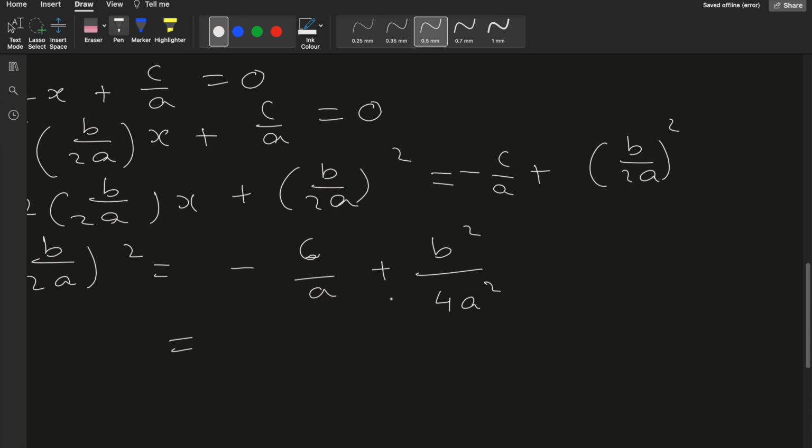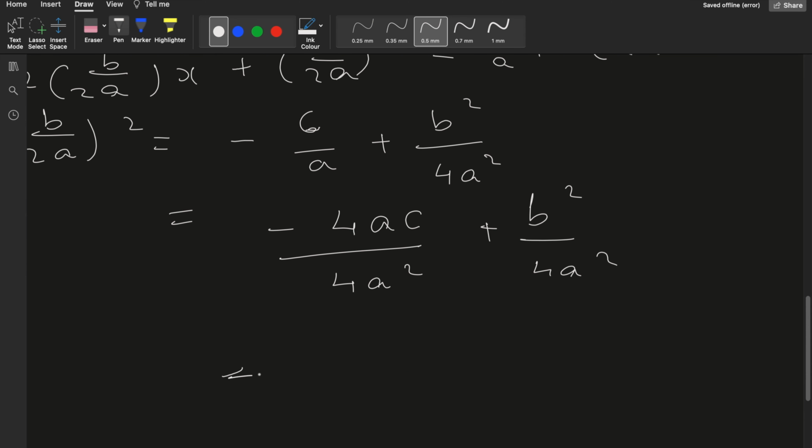And then we can multiply this by 4a, then divide by 4a. So we can write 4ac divided by 4a squared plus b squared. Now let's simplify this even further. So this would be b squared minus 4ac whole divided by 4a squared.